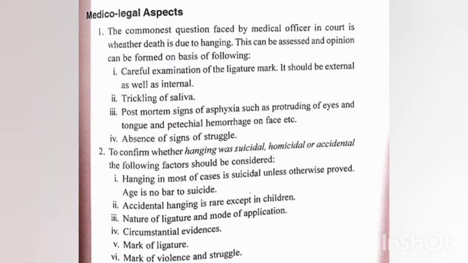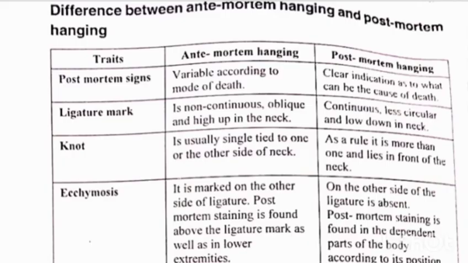These define the difference between antemortem hanging and postmortem hanging. In antemortem hanging the signs are variable according to the mode of death, but in postmortem hanging they are clear cut, and the cause of death we can ascertain. The ligature mark in antemortem hanging is non-continuous, oblique, high up in the neck, whereas in postmortem it is continuous, circular, low down.